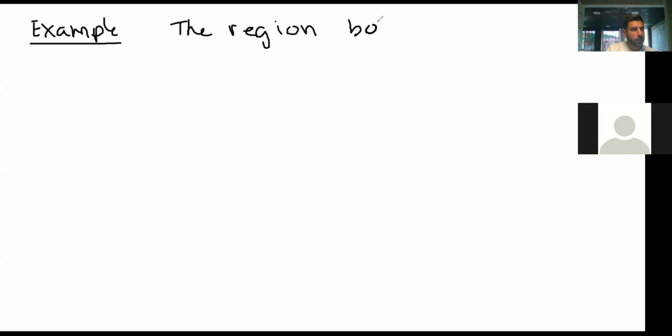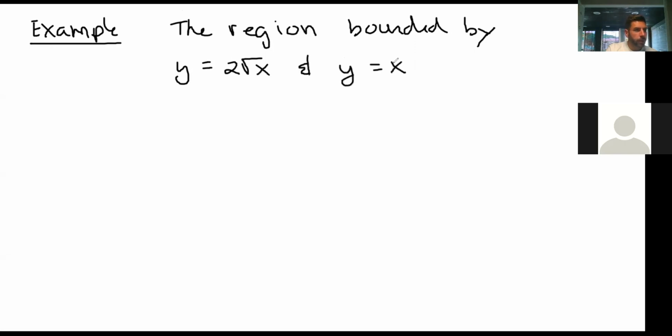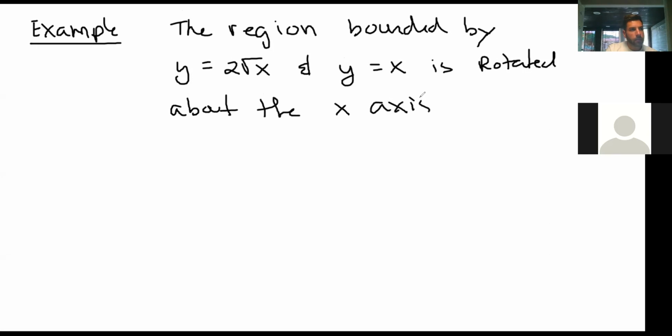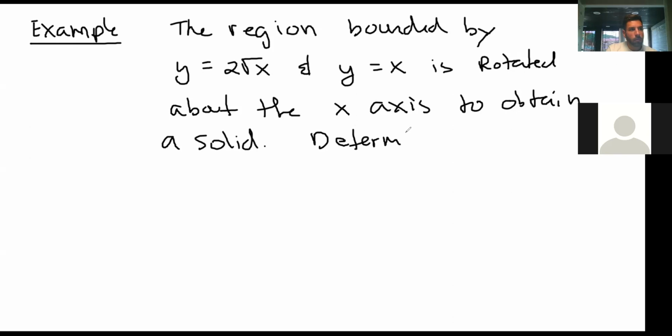The region bounded by y equals 2 root x and y equals x is rotated about the x-axis to obtain a solid. Determine its volume.